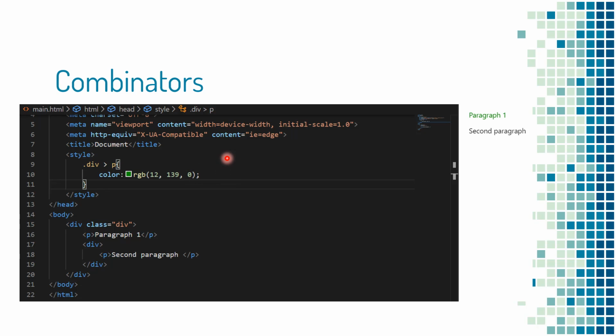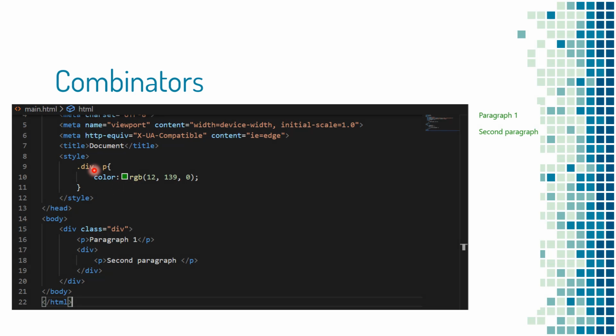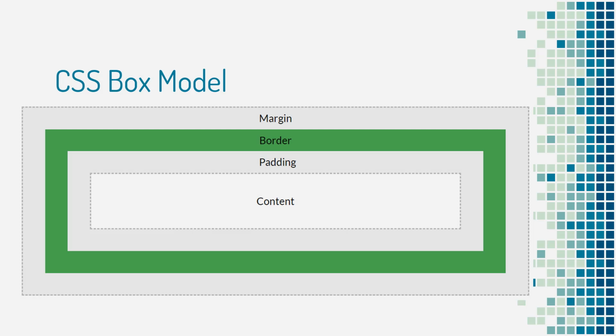So the only thing you should remember is that when you use the greater than symbol, that means the direct children. When you use the space, it means all the tags beneath this tag will take the effect of the style you are writing.